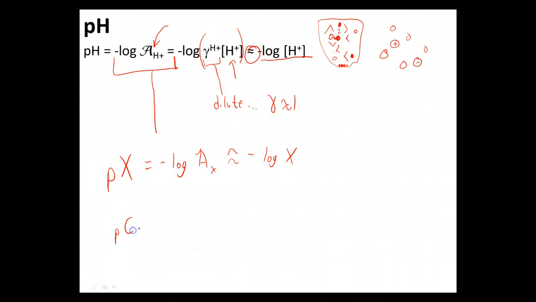So we could have pCa, which would be the negative log of the activity for the calcium ion, which equals approximately the negative log of [Ca2+]. Sorry, that should have been a square bracket. My hand squiggled a little.